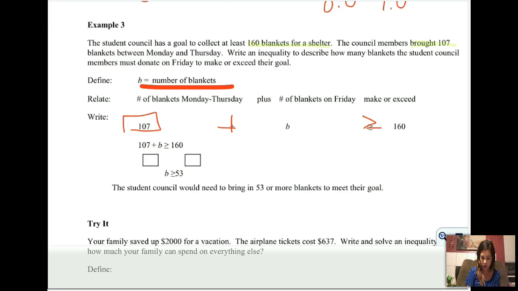So from there, I'm going to go ahead and solve. I can subtract 107 from both sides. That cancels that positive 107, and I'm left with B is greater than or equal to 53. So what does that mean? That means that they need to bring at least 53 or more in order to meet their goal.